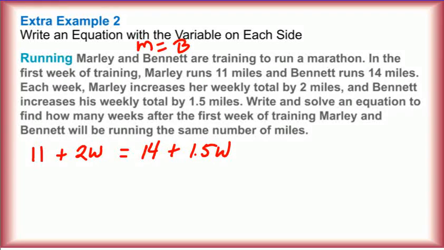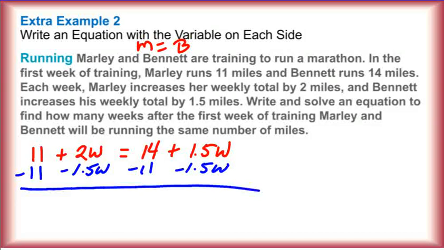Since 2w is bigger than 1.5w, I'm going to subtract 1.5w on both sides. So bring my w's to the left. That means I'm going to subtract 11 on both sides, bring my constants to the right. And I'm left with 0.5w equaling 3.